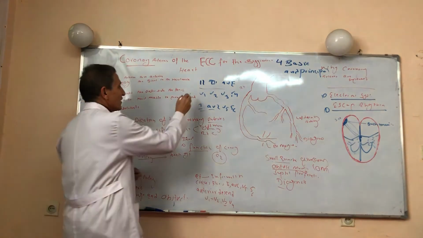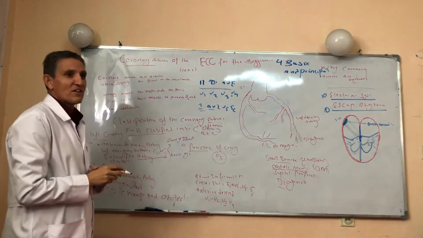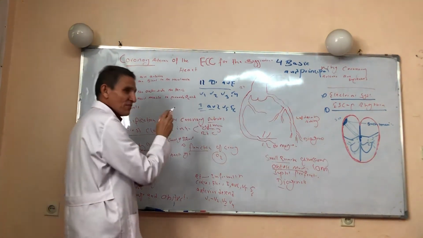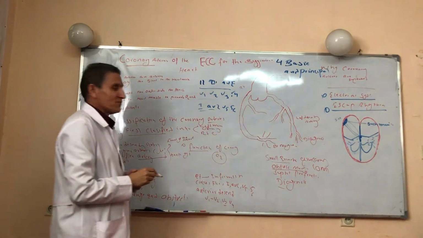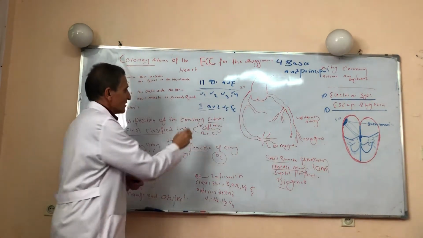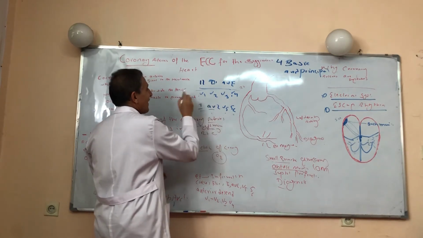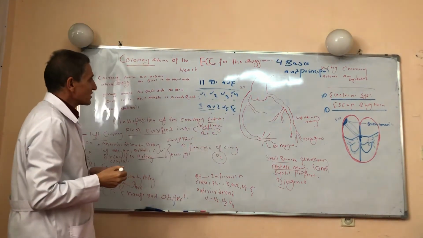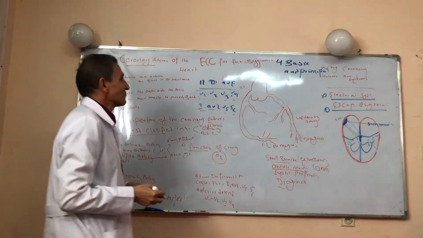This was the correlation of ECG change and coronary artery obstruction. Obstruction of the right coronary artery produces ST segment elevation in leads 2, 3, AVF. Lateral wall MI, from circumflex obstruction, produces changes in lead 1, AVL, and V5, V6, and anterior produces V1, V2, V3, V4. This was about the obstruction of coronary arteries and correlation with ECG change.